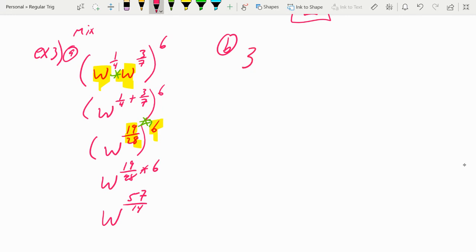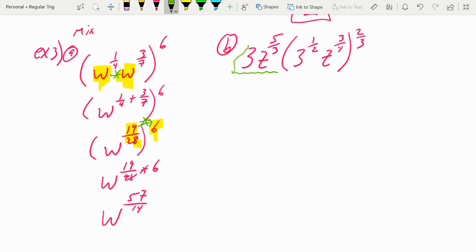All right. Part B. 3z to the 5/3 times 3 to the 1/2 z to the 3/4. All this raised to the 2/3 power. All right. So there's a lot going on here. What do you notice? Well, this part right here is outside the parenthesis. So I don't have to worry about doing anything to that just yet.